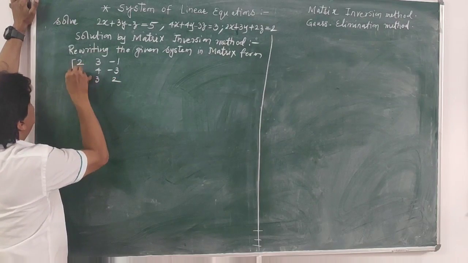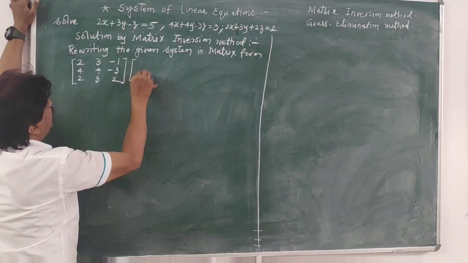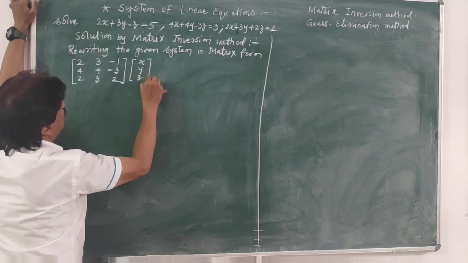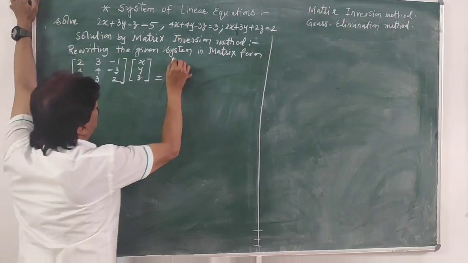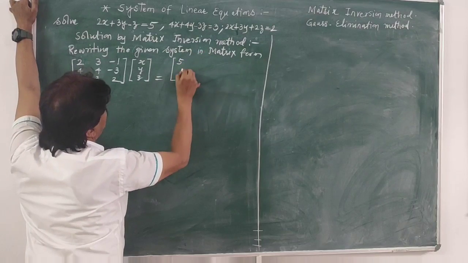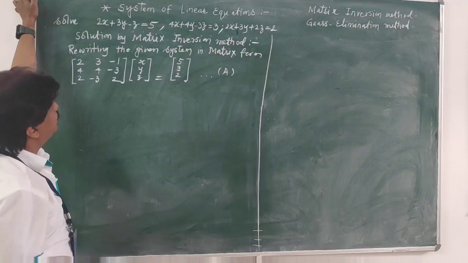This matrix is called matrix A, the coefficient matrix, multiplied by the column matrix of unknowns, equal to the value matrix on the right hand side, 5, 3 and 2.